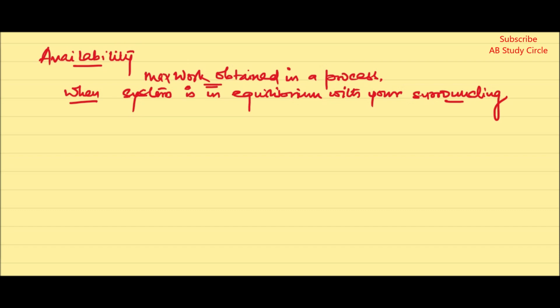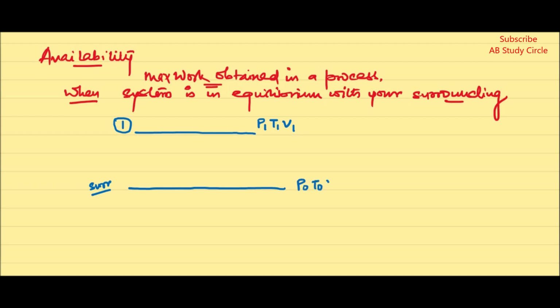So let's say a system is at state 1, and the system has some properties P1, T1 or V1, and this system is interacting with the surrounding, which has the properties P0, T0, or V0.